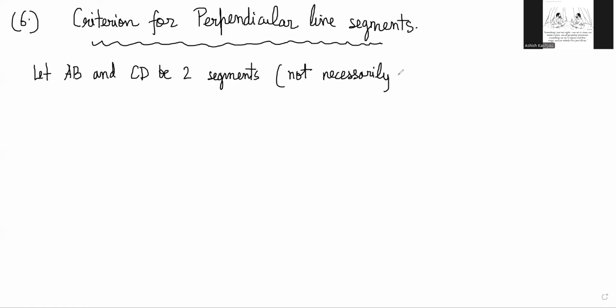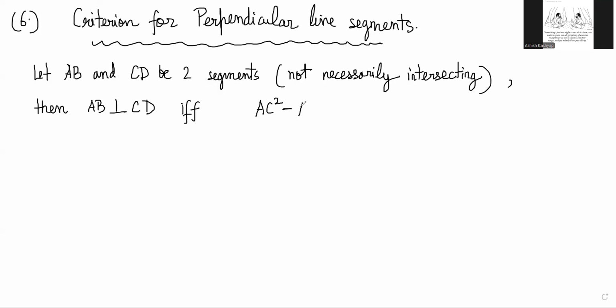They could be separate lines in space also. Then AB is perpendicular to CD if and only if AC square minus AD square is equal to BC square minus BD square.